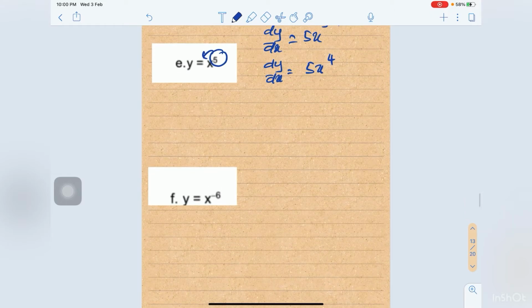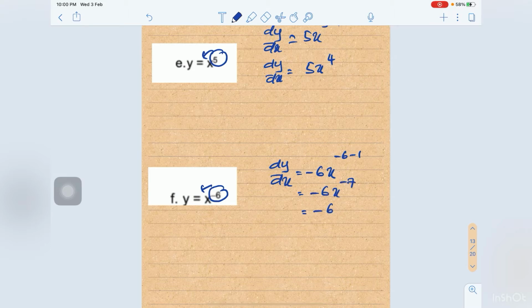The next question, same, y in terms of x, we get dy/dx. We differentiate, the power will reduce by 1. So negative 6x to the power of negative 6 minus 1, negative 6x^(-7), or negative 6 over x^7, which is more proper.